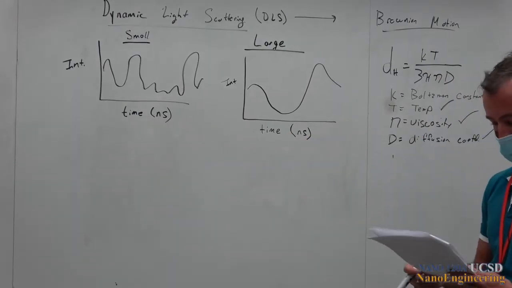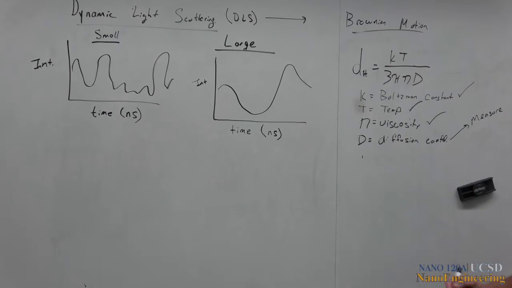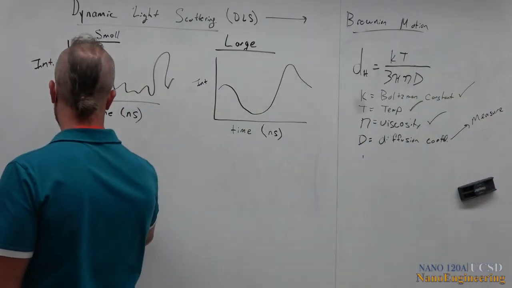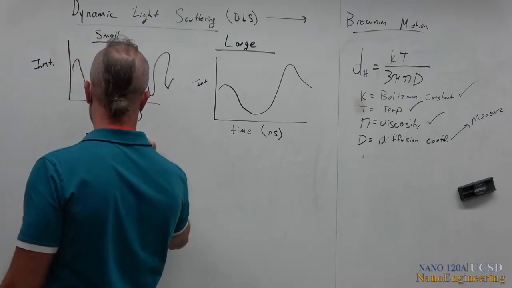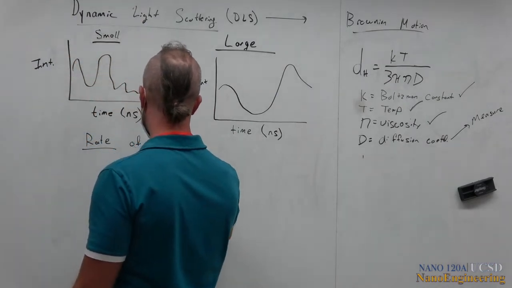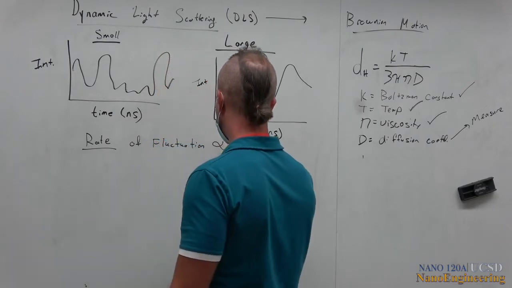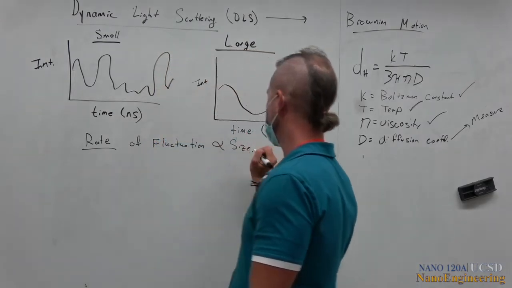Slower diffusion. So the rate of fluctuation is what is proportional to size.